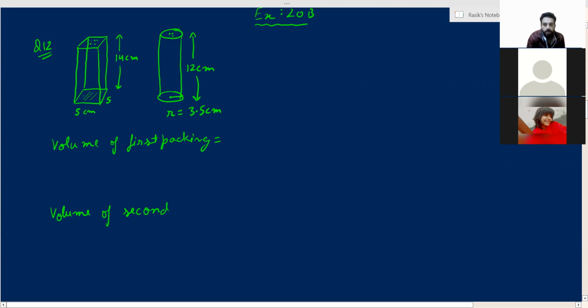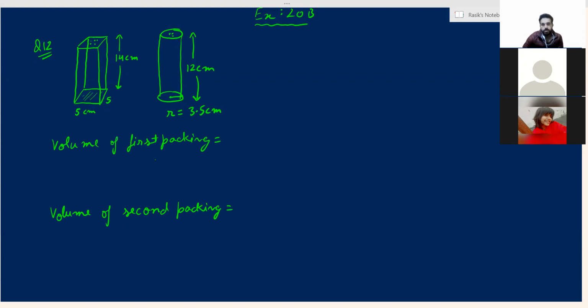The length and breadth are 5, 5, and the height is 14. Find the volume of the second packing also, and then compare which has greater capacity and by how much. That means you have to find which of the two packings has greater volume and what is the difference of the volume.